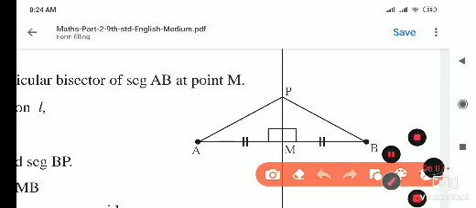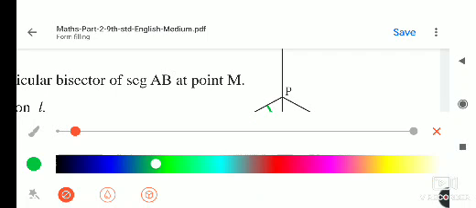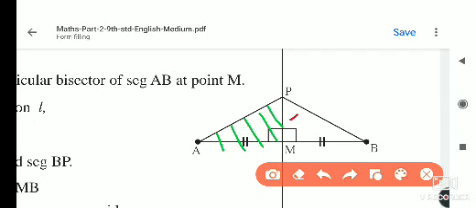So if we join AP and PB, then there are two triangles. Which are those triangles? Here it is PMA, this is one triangle, and another triangle is PMB. I color one with red and one with green.